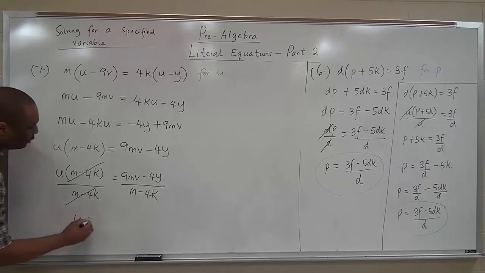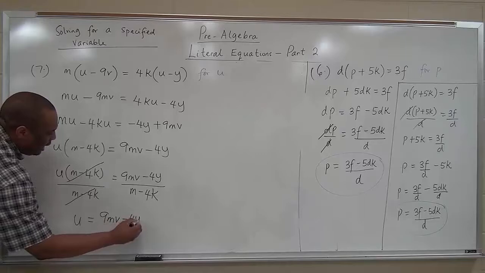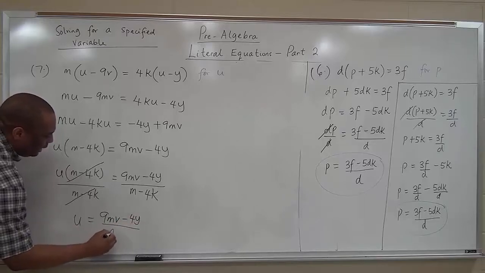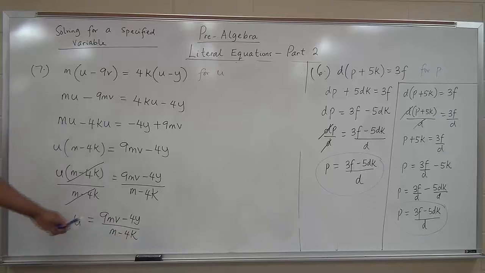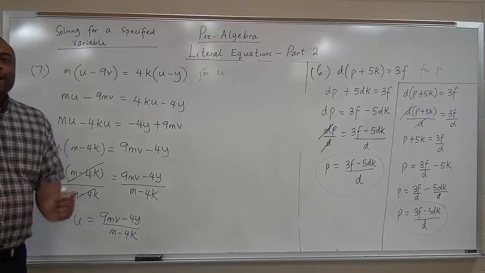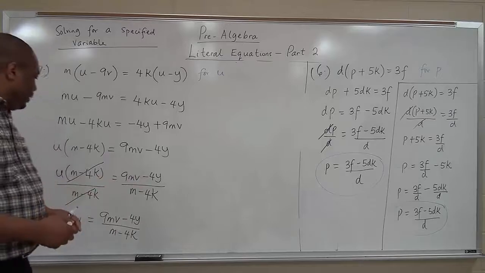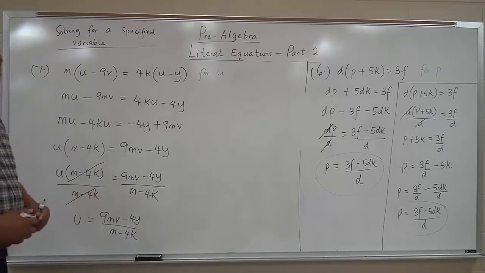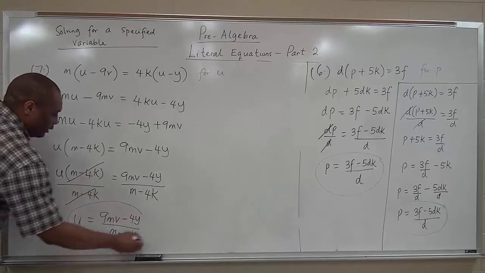So you have that u is equal to 9mv minus 4y divided by m minus 4k. We see whether we can factor any of them to simplify it, because I would like you to leave your answer in the simplest form. But looks like there are no common factors, so we just leave our answer like this.